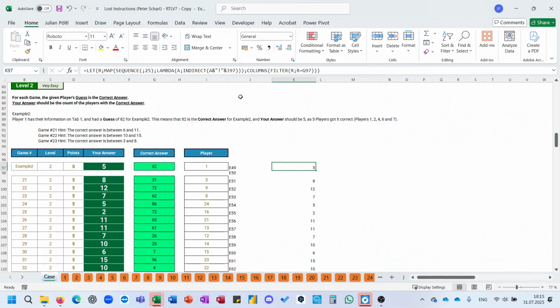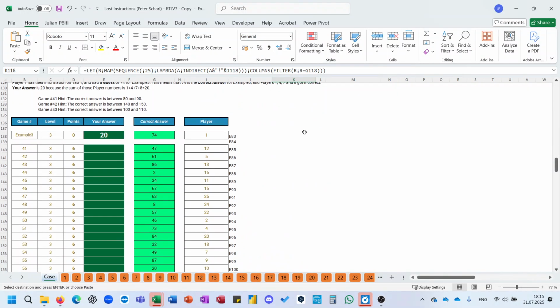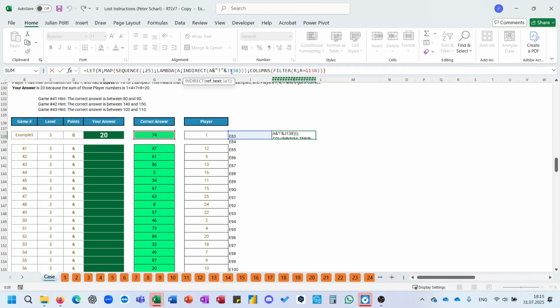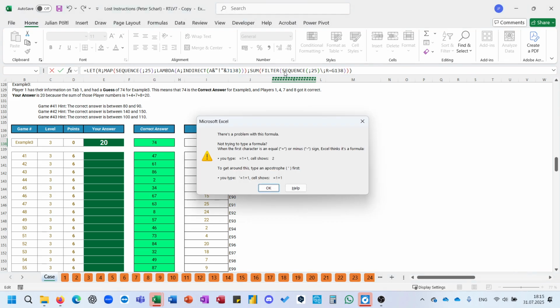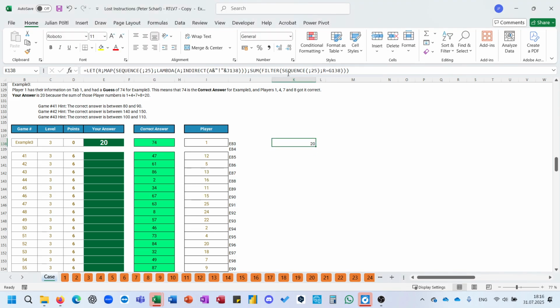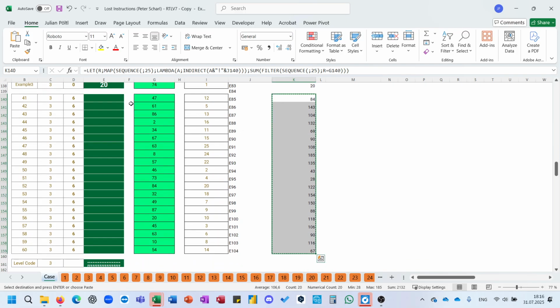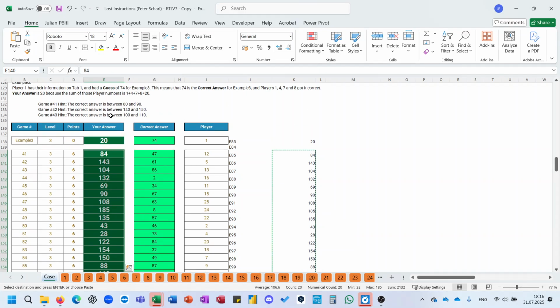And then I'm using also this formula here, but instead of columns, I use sum and I filter not R, I filter sequence 25. And yeah, I know I could use in this LET function the SEQUENCE function only once, but I'm not here for an efficiency prize, at least not today. And we have here some results which are in between the hints.